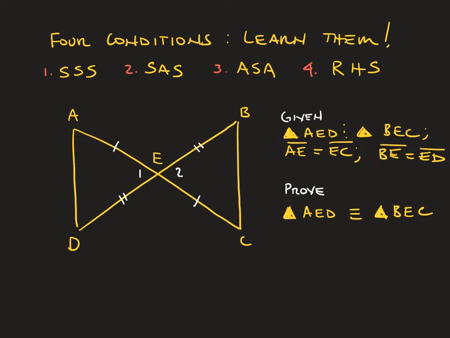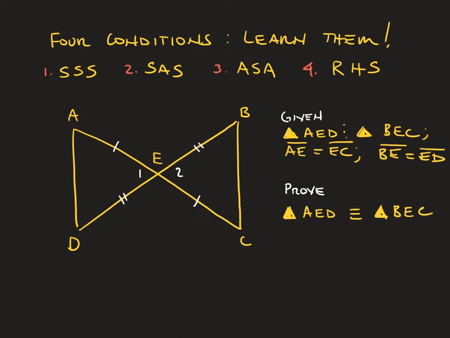So that means side AE, which we can look for and find here, is equal to side EC, and it means side BE is equal to side ED. At the bottom, what we're supposed to prove, it means triangle AED, this one here, is congruent to triangle BEC, the one over here.